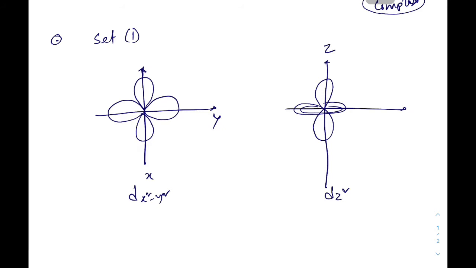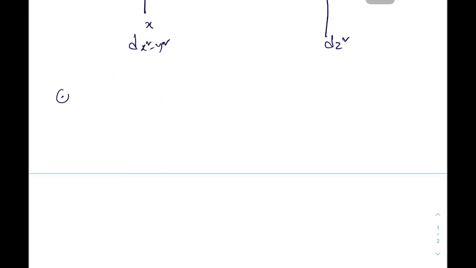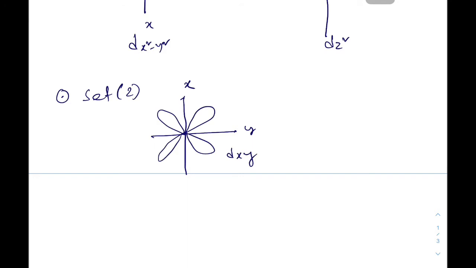Therefore set 1 is where the lobes are along the axes, and in set 2 the lobes are between the axes, like this. If the lobe is between the x and y axes, it is called dxy.